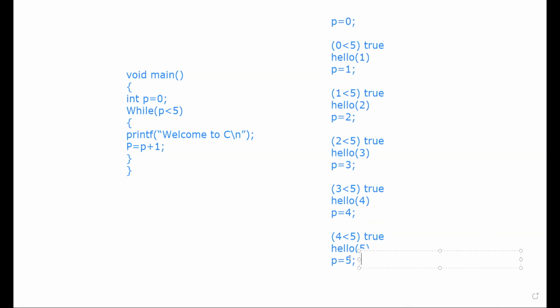Now 5 less than 5 condition becomes false and it will come out of the loop.